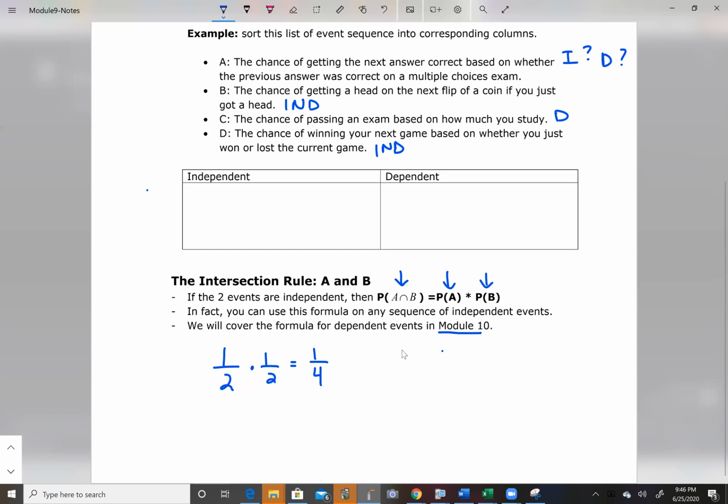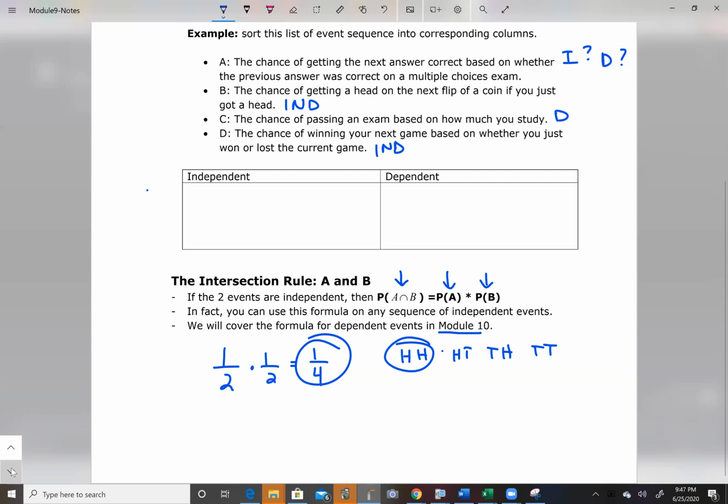And that makes sense, because remember our sample space would be either heads heads, heads tails, tails heads, or tails tails, right? Only one out of those four is actually heads and heads. So that matches what our rule says.